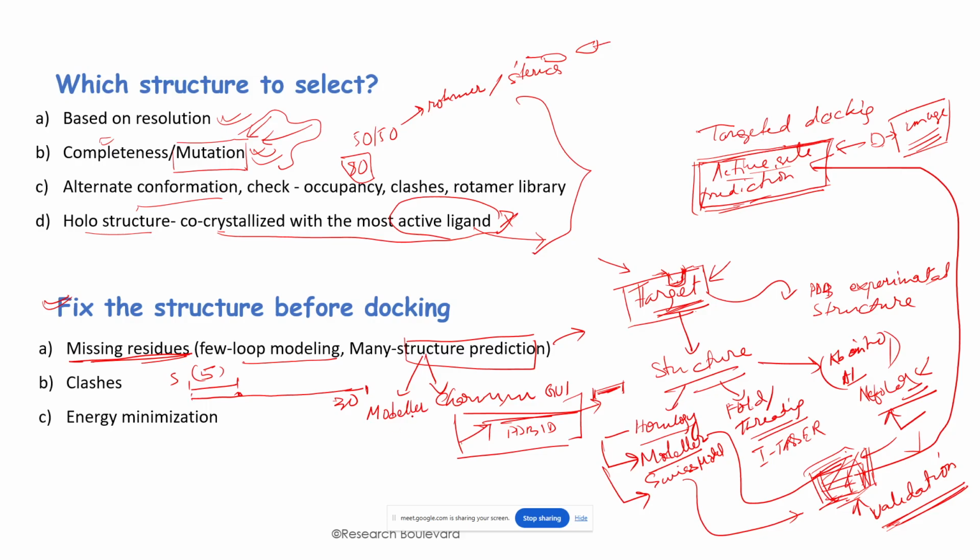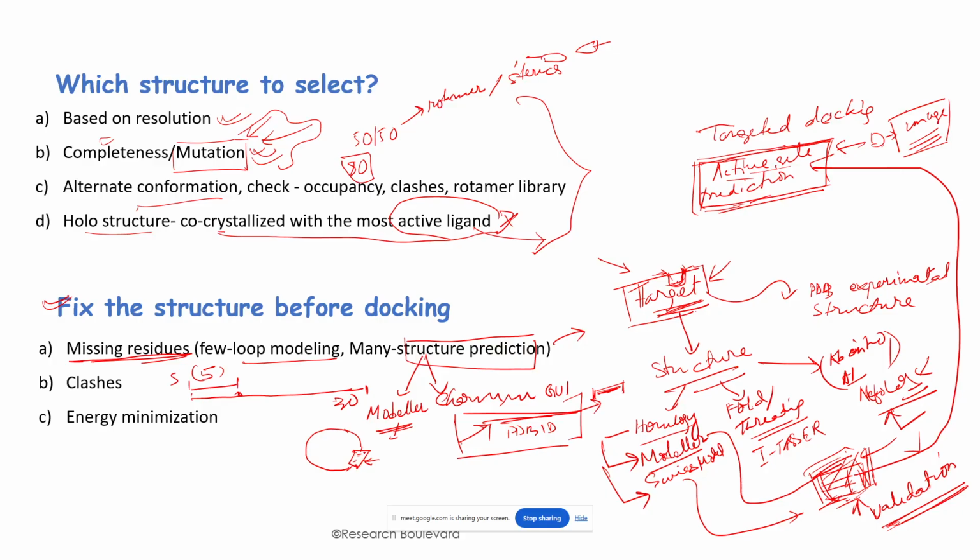When using Modeller, we can just take the experimental structure. Let's say we have a missing residue about here. Now you can just use Modeller and model only this portion of the missing residue structure.